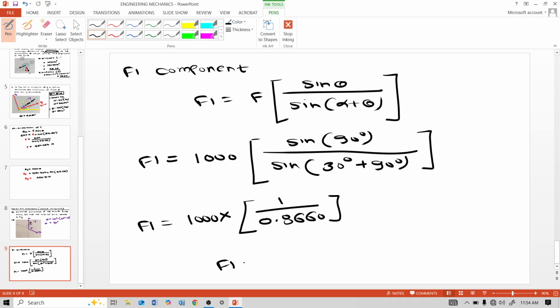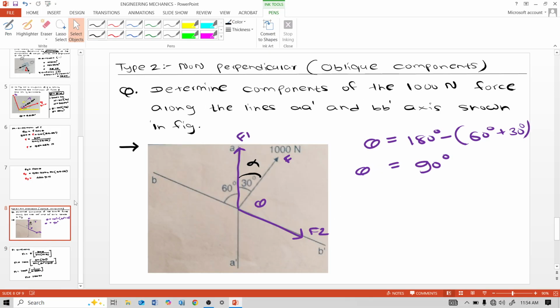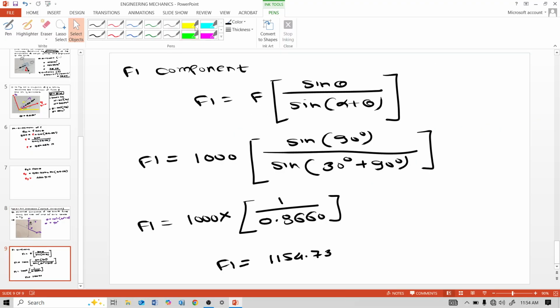So F1 is 1000 into 1 upon 0.8660, which is 1154.73. Our force is in Newton, so the unit will be Newton. So we calculated the F1 oblique component and its value is 1154.73 Newton.